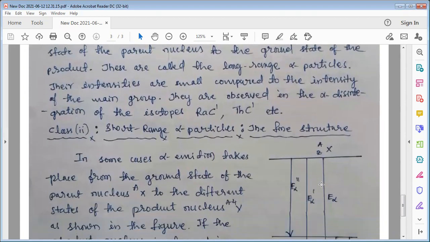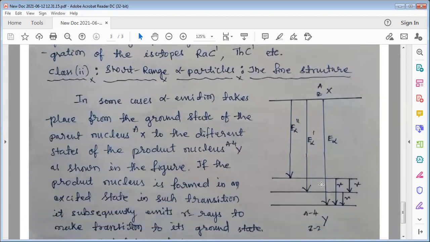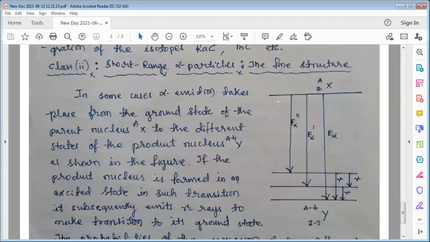Next, we will see what the short range alpha particles are. In some cases, alpha emission takes place from the ground state of the parent nucleus X of mass number A to the different states of the product nucleus Y of mass number A minus 4, as shown in the figure. So we can see here, this is the ground state of the parent nucleus, and these are the different energy states of the product nucleus.